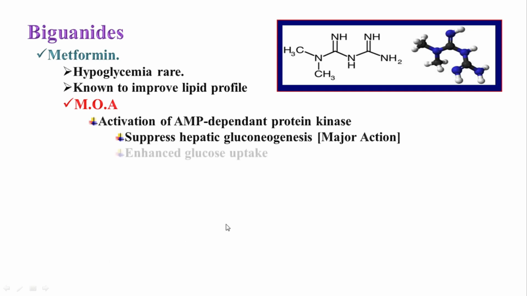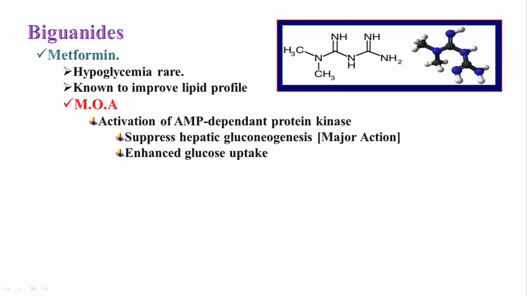The second thing it does is it acts on the peripheral cells and enhances insulin mediated glucose uptake. As a result, the skeletal muscles and the fat cells pick up more glucose. Now, if more glucose is picked up, the glucose level in the blood decreases. Isn't that so? Now, what will these cells do with this extra glucose?